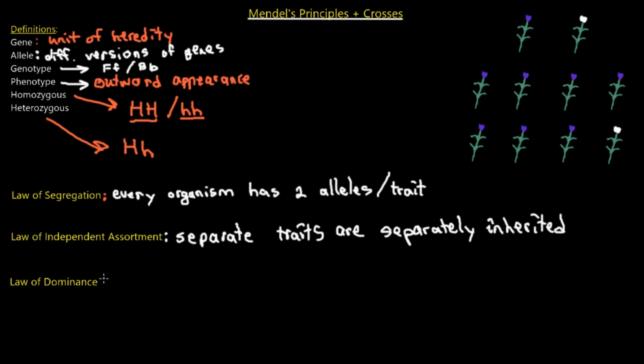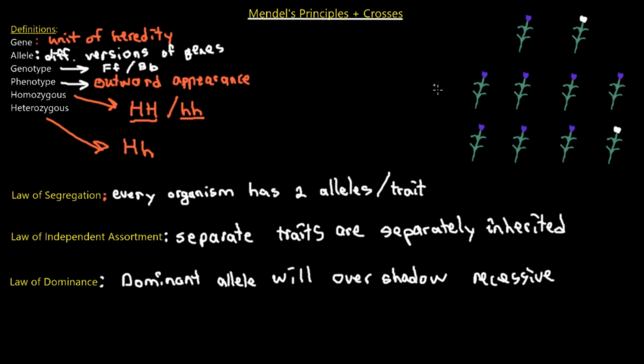And the final law, which has been dramatically modified by today's genetics, is the law of dominance. And we've seen this with the homozygous and heterozygous, is that the dominant allele or trait will overshadow the recessive allele.